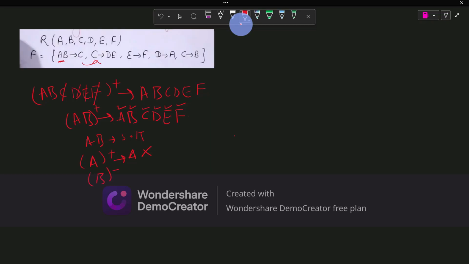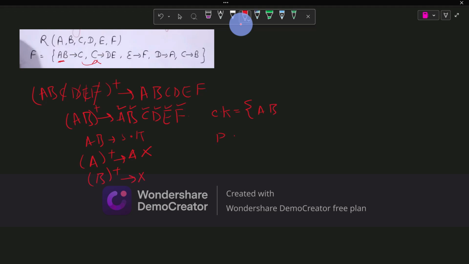Let's find the closure of B. With B we cannot determine anything, so B is also not a super key. Therefore, AB is a candidate key.